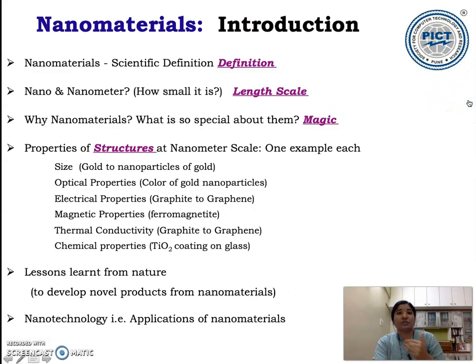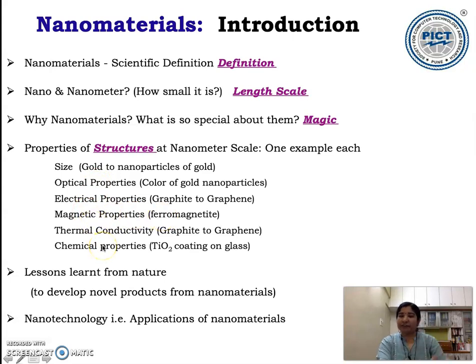So we can use these nanomaterials to get novel products for different applications. Before developing these novel products, I have shown various examples wherein different properties show up, like the optical property, the color of gold nanoparticles being different with size, and the electrical properties.